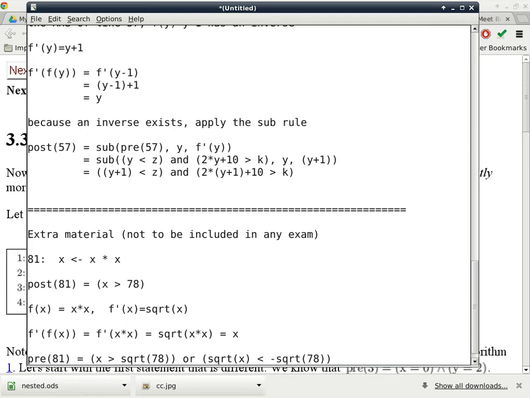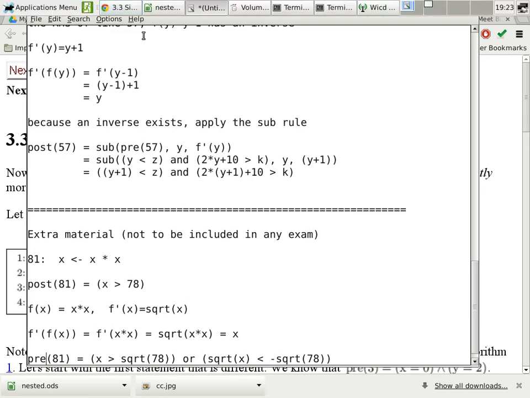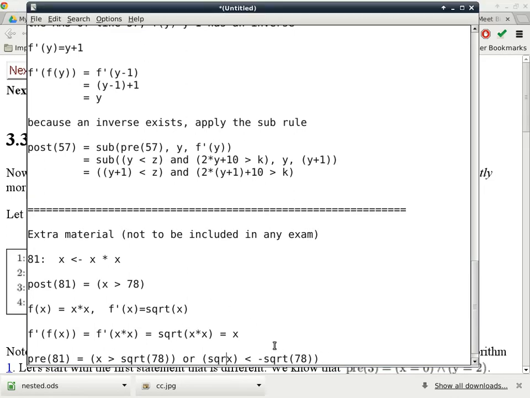So in the OR case here, oh, forgot about getting rid of the square root here. I wonder, you guys look kind of confused. Okay, now it makes more sense. All right, so in this case, x can be less than the negation of the square root of 78. It can also be greater than the square root of 78, because in either case, the square of that x will be greater than 78.